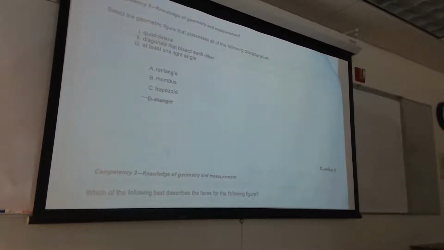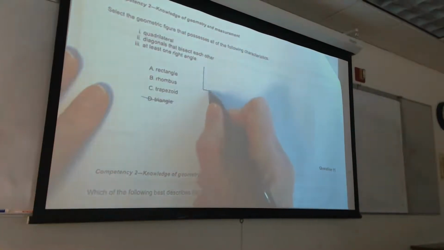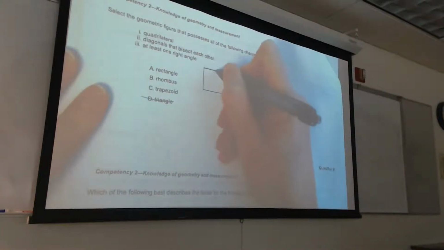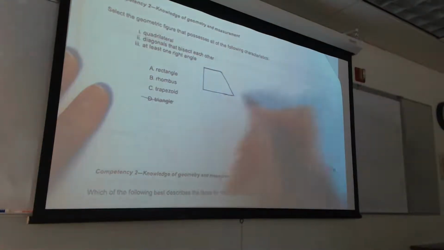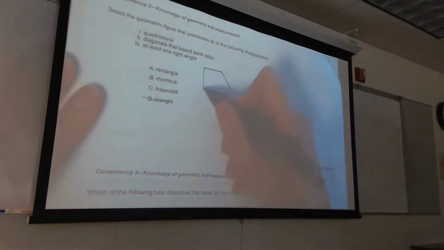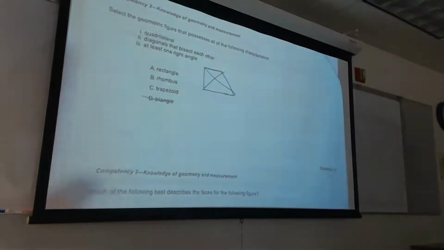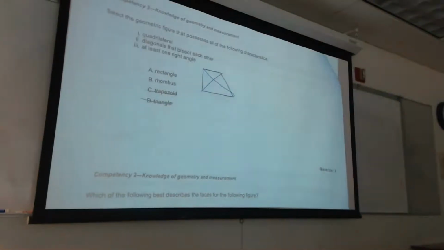Now it just says at least one right angle. But let's just draw a trapezoid with one right angle and see. You got a trapezoid, that's a trapezoid, right? If I did the diagonals, do those cut each other in half? No, so I can say it's not a trapezoid. So it's either rhombus or rectangle.